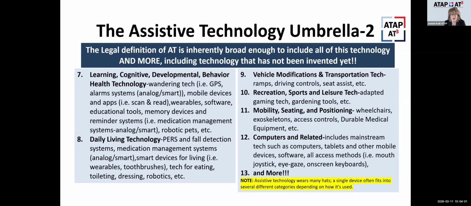And just also know that the legal definition of assistive technology is inherently broad enough to include all of this technology and more. And with that, I'm going to move it right to Andrea.